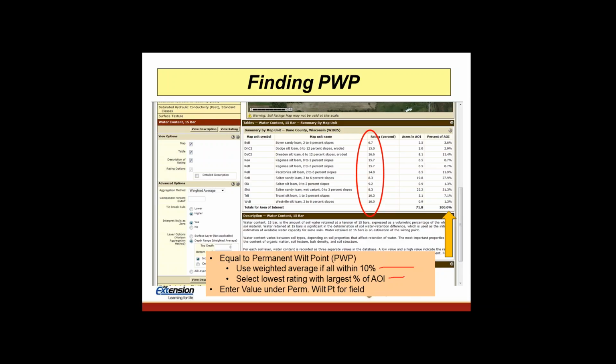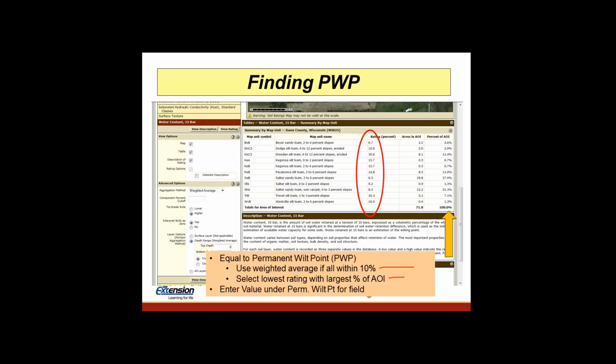Because if you've got a very coarse soil that doesn't hold much moisture, that's going to be where you're going to get droughtiness versus the rest of the field that may be able to hold more water. So it depends on how you want to manage that field, whether you want to manage it for the spot that's going to come into drought first, or manage it as an average, or somewhere in between.